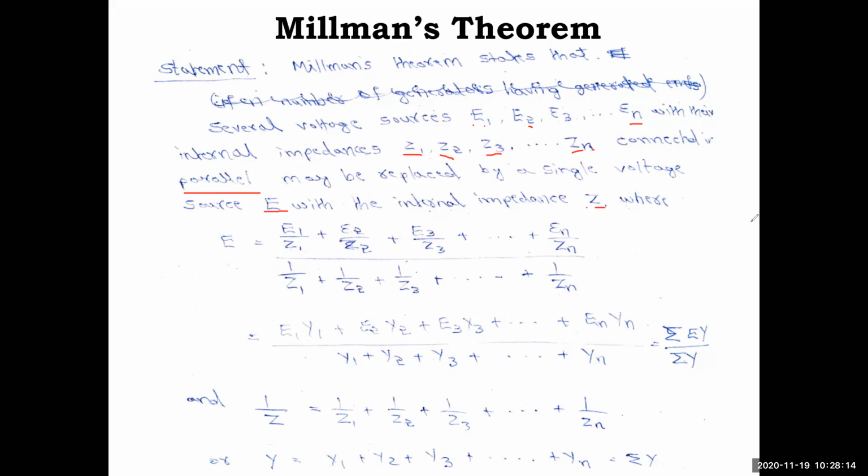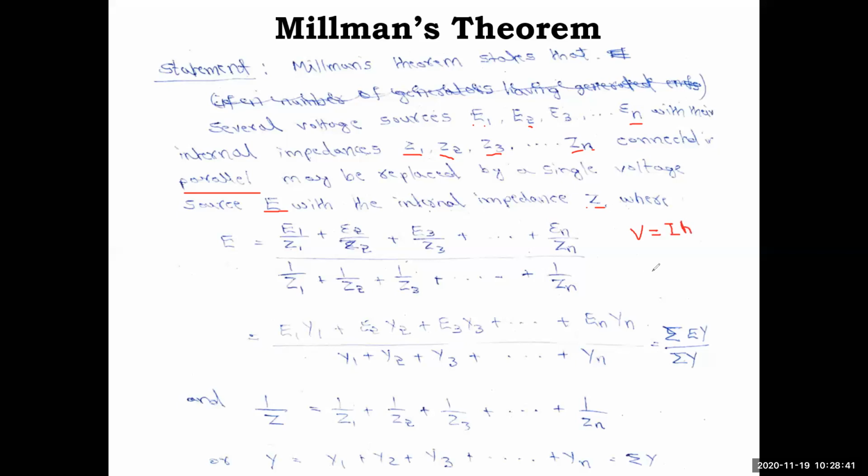How is it replaced? By the formula. What is that formula? E is equal to E1 by Z1 plus E2 by Z2 plus E3 by Z3 plus up to En by Zn, divided by 1 by Z1 plus 1 by Z2 plus 1 by Z3 plus up to 1 by Zn. This is nothing but E equal to I into R, Ohm's law, V equal to IR.